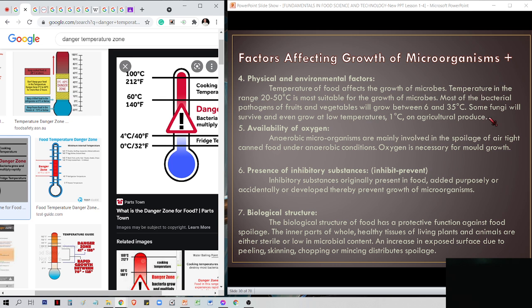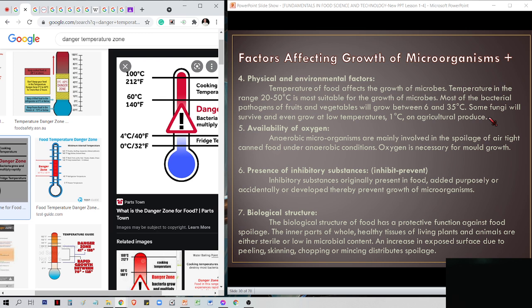Like for example, in countries with low temperatures, even fresh harvest fruits and vegetables still have bacteria or microorganisms that grow there. It's because there are some fungi or bacteria that can still grow at the temperature of 1 degree Celsius.